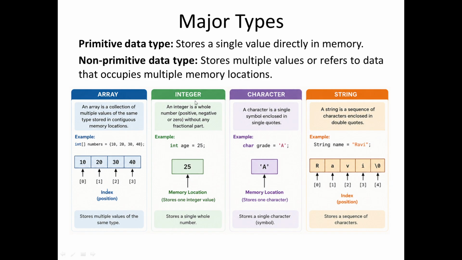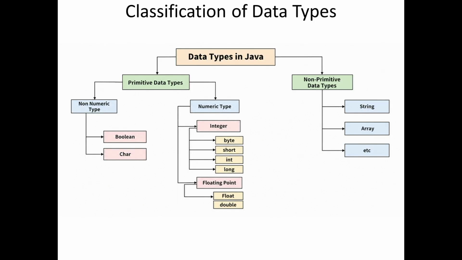Integer and character come under primitive data types. Arrays and strings come under non-primitive data types. Based on this complete information, whatever we have done till now, we can define the data types in Java in the following format.